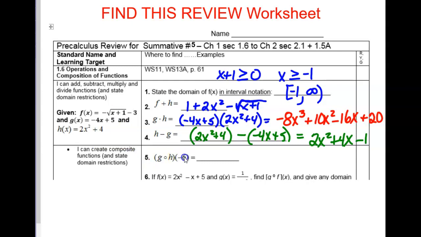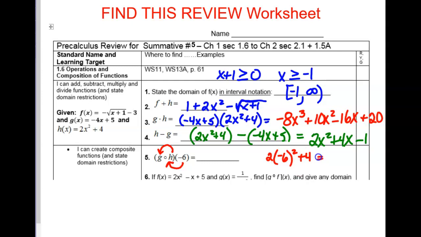I apologize. Okay. Do you remember how we did this one? This means put what into what? H into G. But did we need to really come up with the rule when there was a number? Do you remember what we did? We put this number into H. So if I put negative 6 into h, I'll have 2 times, oop, there's a mistake waiting to happen, because you got a negative squared.